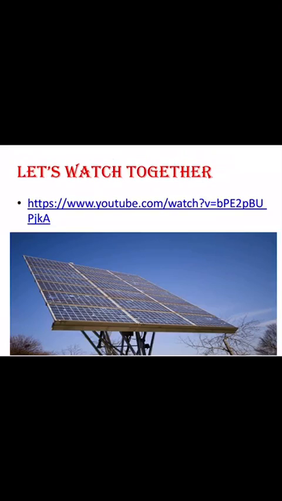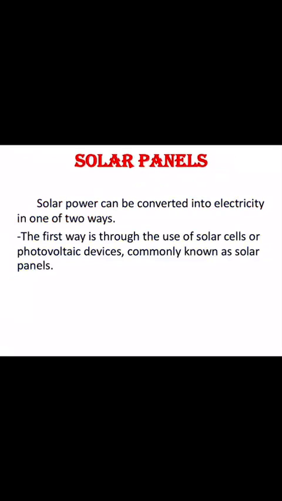The definition. In the simplest terms, solar power is energy that comes from the sun, and the U.S. Energy Information Administration defines solar energy as the sun's rays, also known as solar radiation, that reach the earth, which can then be converted into other forms of energy, like heat and electricity.